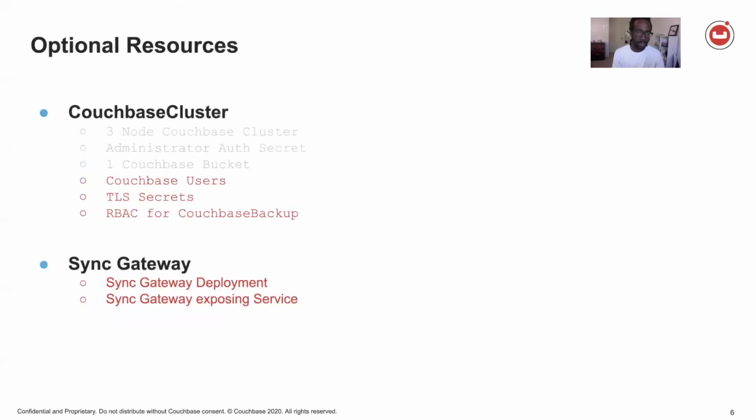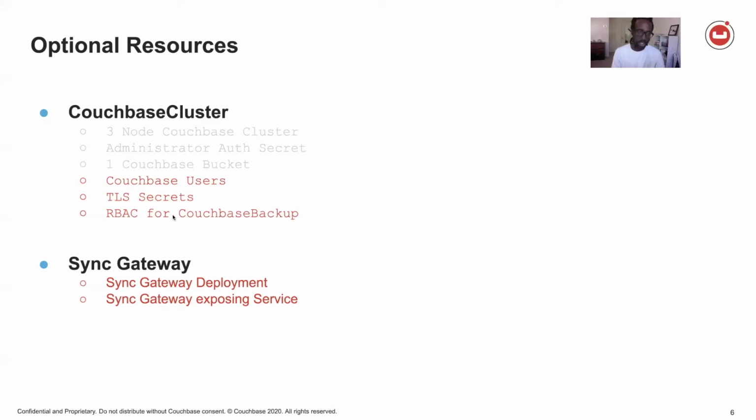Some optional resources that come alongside the Couchbase cluster: you can install users, so RBAC users. It's very simple. It provides a simpler way of specifying users, and behind the scenes, a group is created for the user and it's bound to the group. Then also secrets, which we just mentioned. And then RBAC for a Couchbase backup.